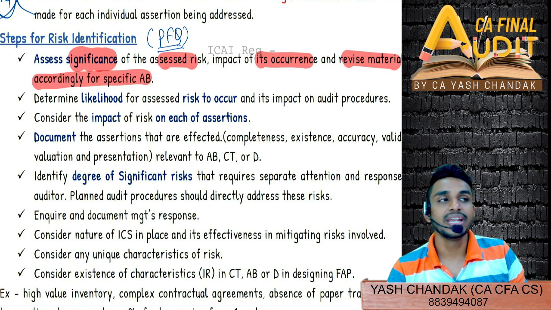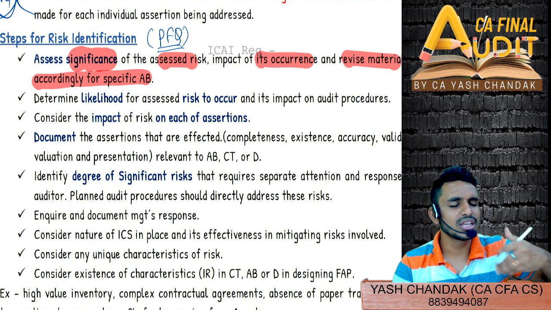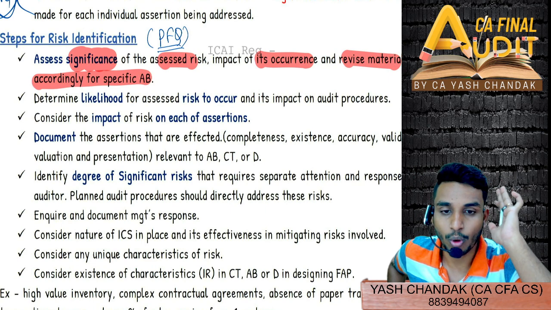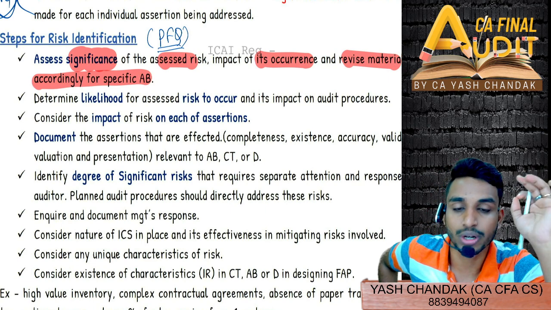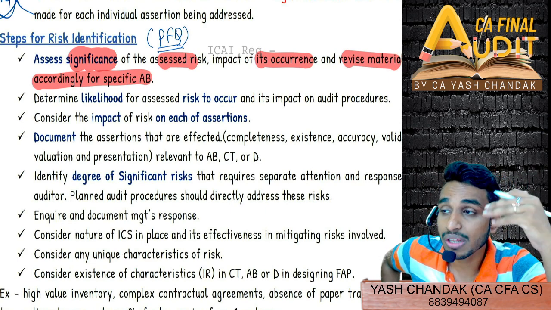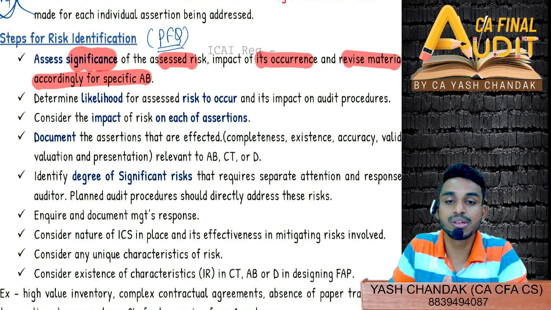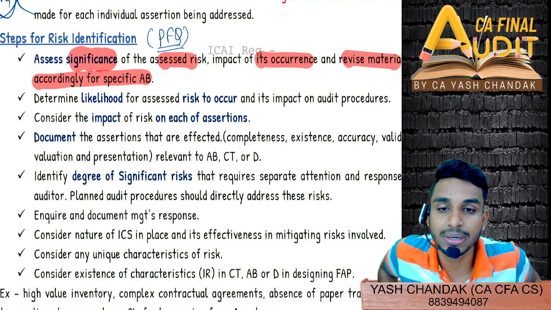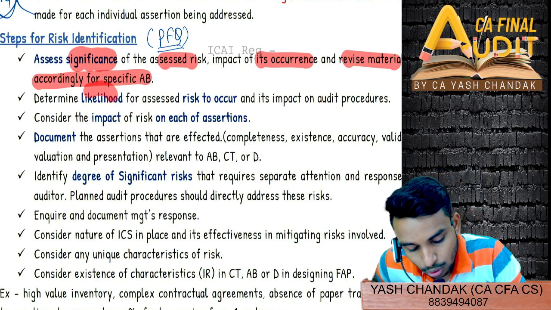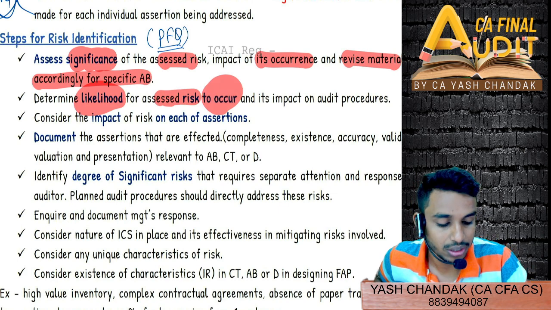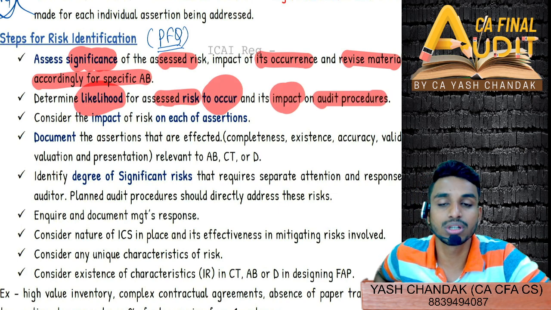Then we have to determine that once we have assessed that yes, this risk is important for me to monitor, now I'll check what is the probability that this risk will actually realize. That means this risk will actually happen. What is the probability, likelihood of assessed risk to occur, and what is the impact on its audit procedure.